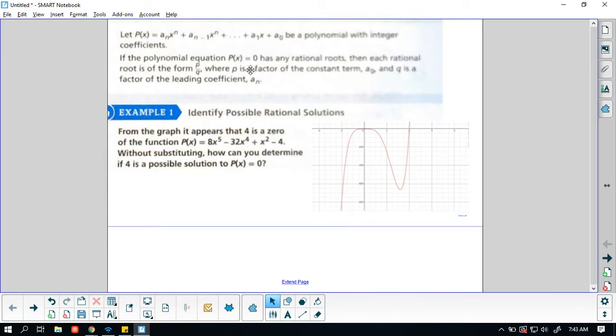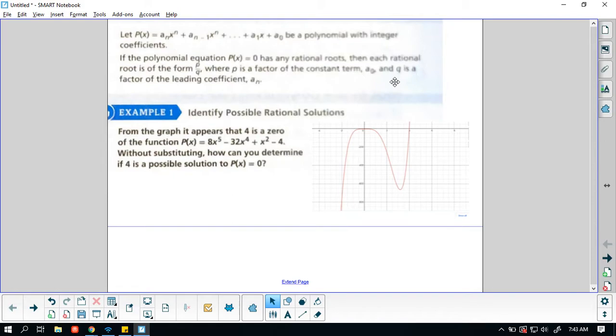What this states is that if p of x equals some polynomial with integer coefficients, and the polynomial equation p of x is equal to 0, or we're looking at factors of the polynomial, because remember the factor theorem is when p of x is equal to 0 or when the remainder is equal to 0, has any rational roots, then each rational root is of the form p divided by q, where p is a factor of the constant term a naught, and q is a factor of a n.